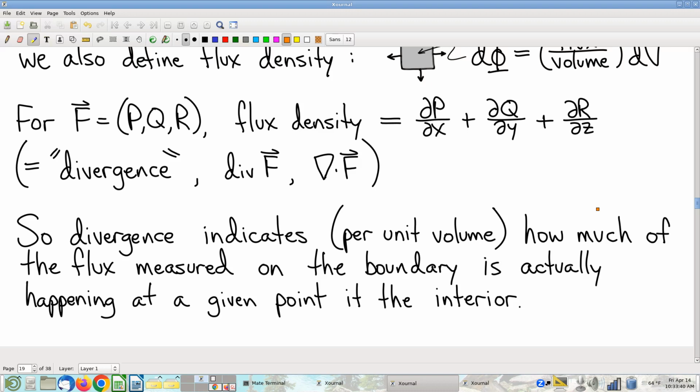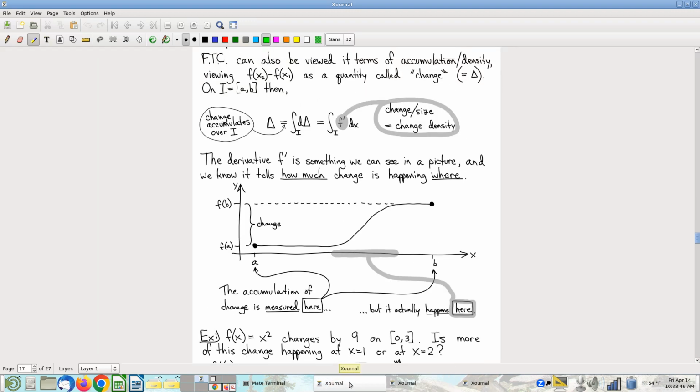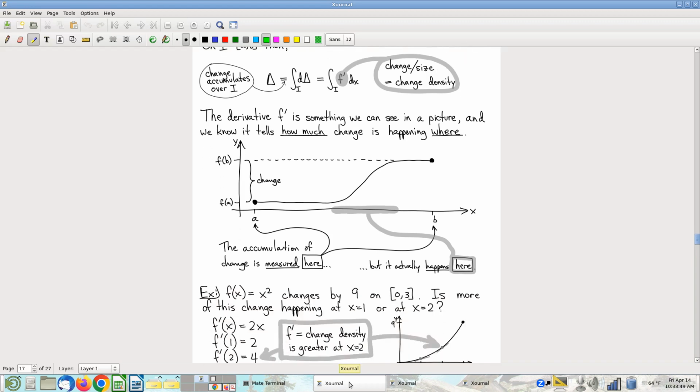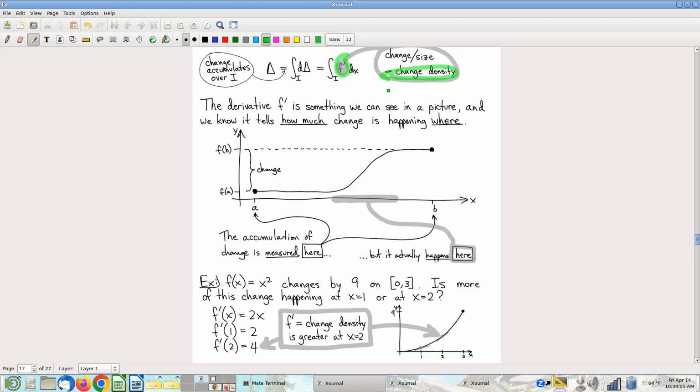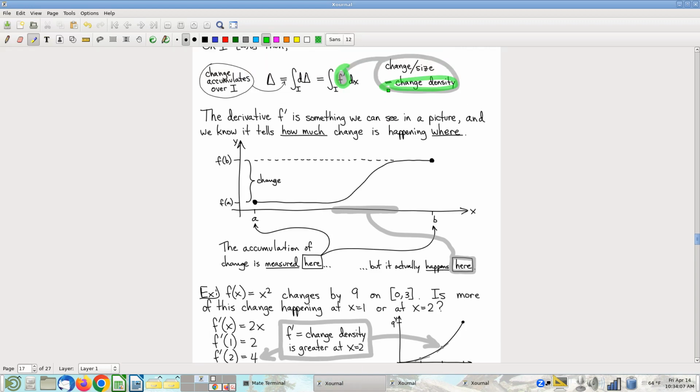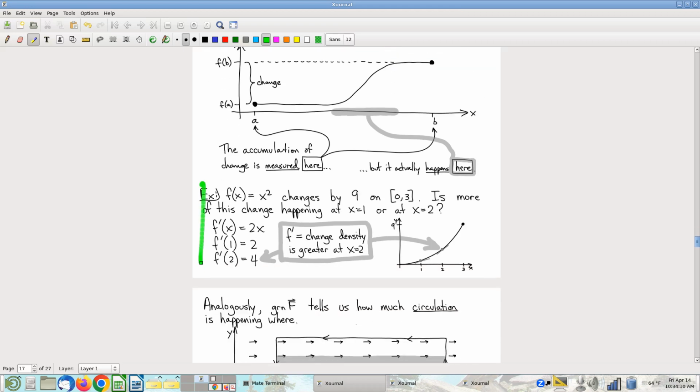theorem. Okay, so again, before we put it all together, I want to flash back real quick to chapter 6, where we were talking about how you can think of the fundamental theorem of calculus as an accumulation-density kind of theorem, right? And I made this observation that as such, the derivative is change density, and that not only is this true, but it's also extremely familiar because, here's a ridiculous example, between these 2 points, 1 versus 2, where is there more change happening?